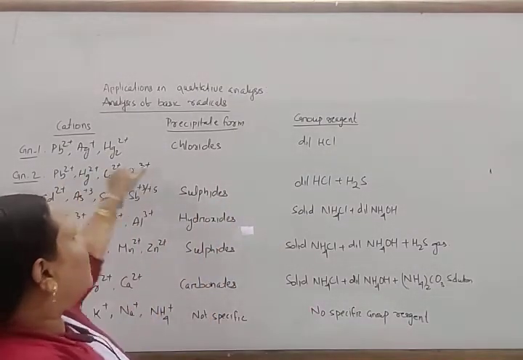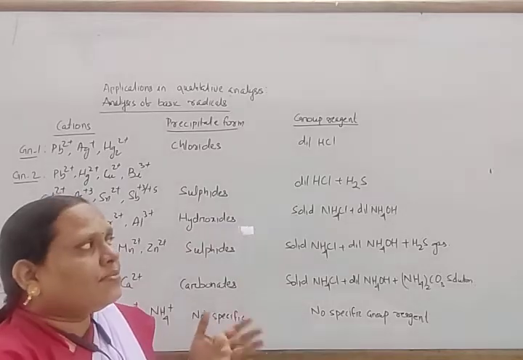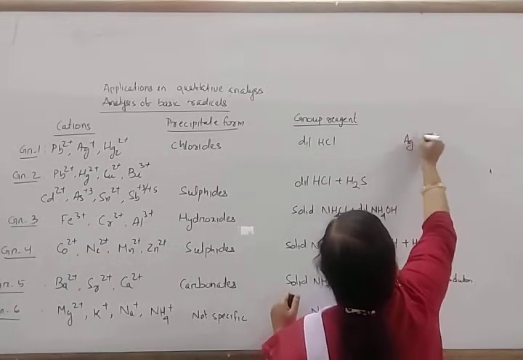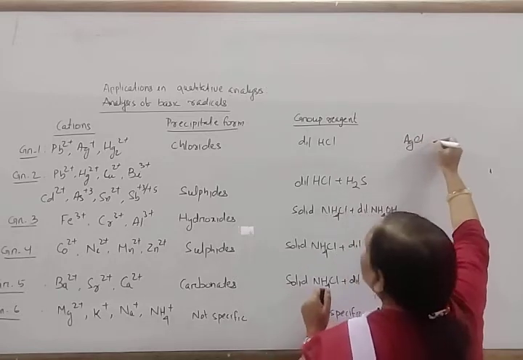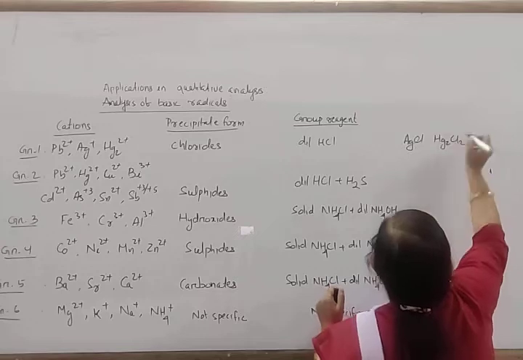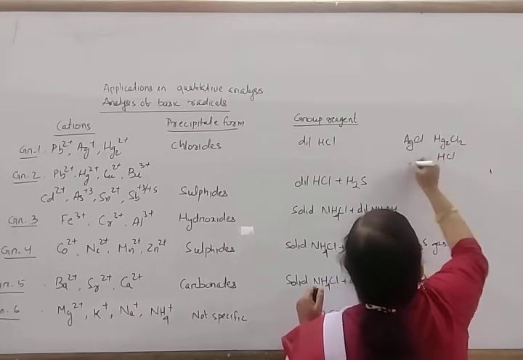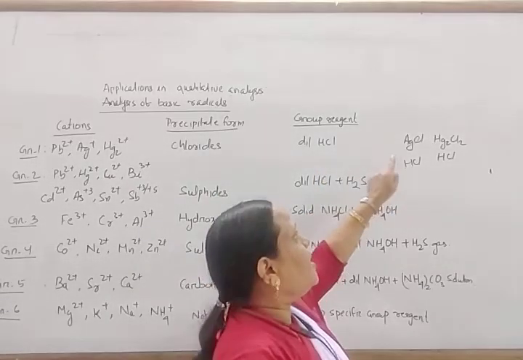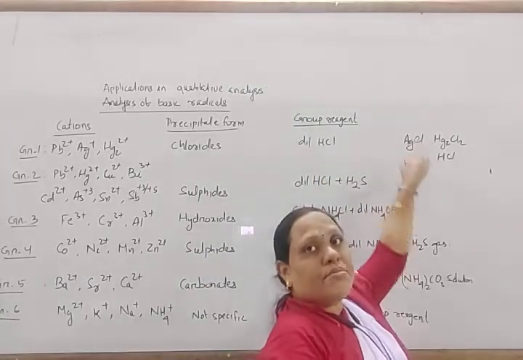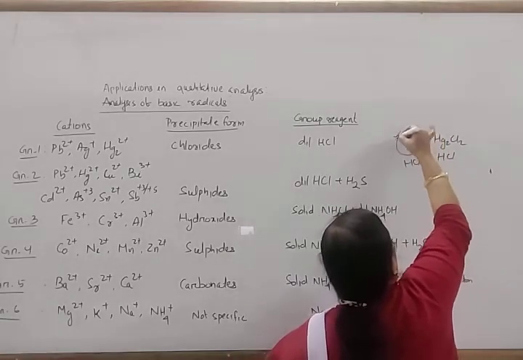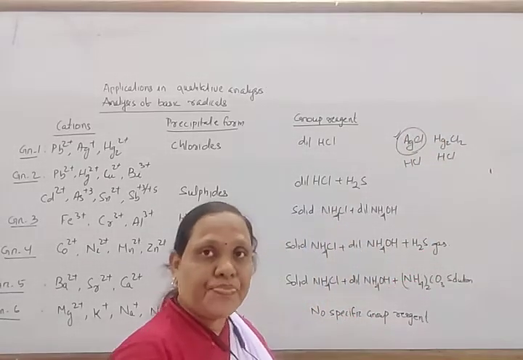For group 1, suppose we take the example of silver chloride, or mercurous chloride, Hg2Cl2. If some dilute HCl is added to it, then due to the common ion effect of the Cl minus ion, the silver chloride will get precipitated, and from this we can identify it.